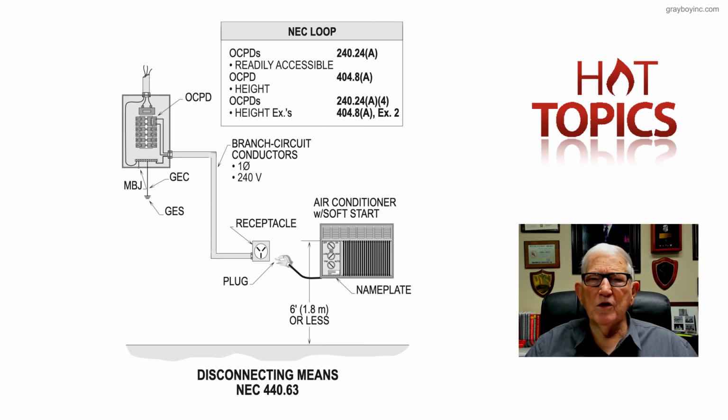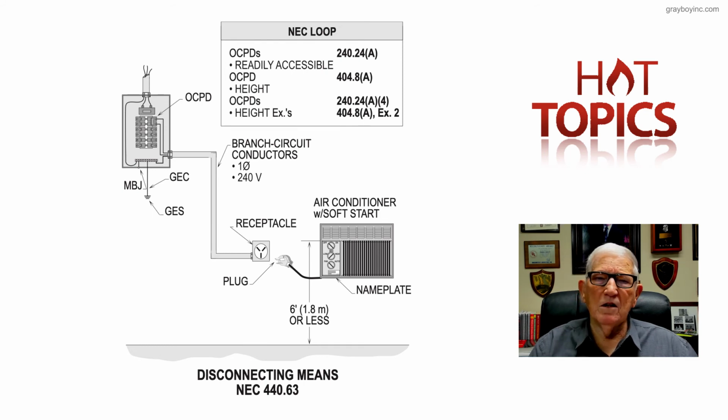And then the overcurrent protection height, maximum height, 404.8(A). And then, of course, where you have an exception to that rule would be 404.8(A) Exception No. 2. Now, that's some information and sections you can review if you wanted to do more of a case study in relationship to this illustration we're looking at, titled Disconnecting Means.